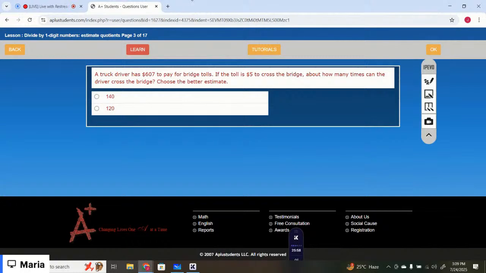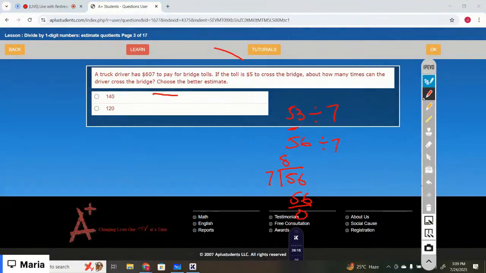A truck driver has $607 to pay for bridge tolls. If the toll is $5 to cross the bridge, about how many times can the driver cross the bridge? So that is 607 divided by 5. But we cannot divide 607 by 5. We need to round off 607.